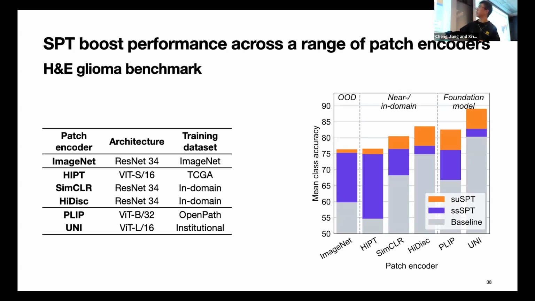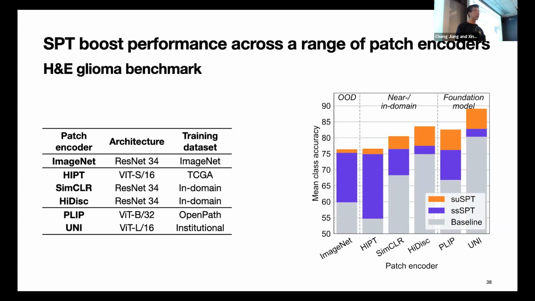And also the last two, the foundation models, PLIP and Uni. PLIP is a vision language model. They trained on all the pathology images on Twitter. They retrieved the text-image pairs and also from PubMed literature, where you can find the captions and the figures describing this text-image pair.